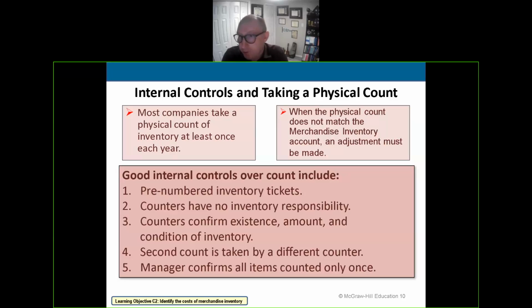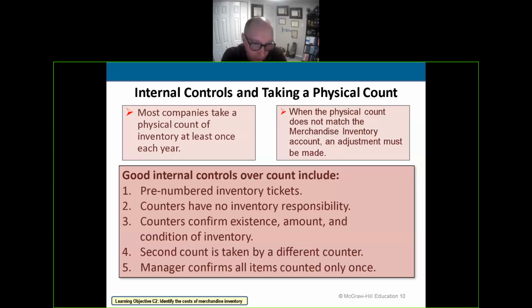For internal controls, there's a lot of different things we could do. Oftentimes valuable inventory is locked up in a safe or behind the counter or whatever. Valuable inventory will be tracked that way. We separate duties and responsibilities between individuals.